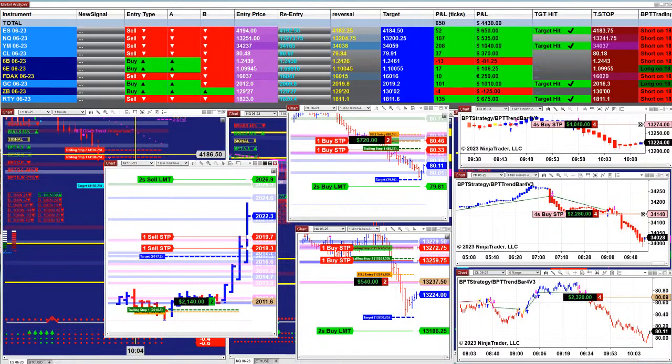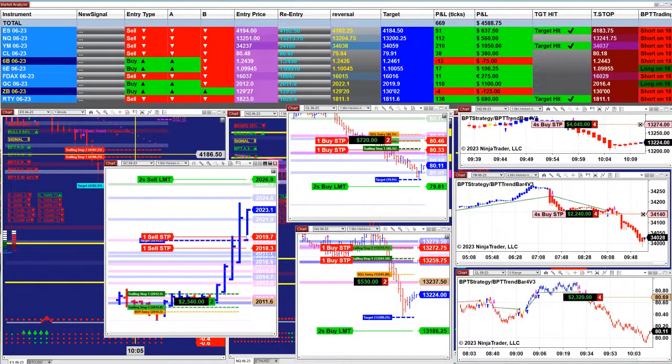So this is a really enjoyable auto trade for the guys who have been trading for a long time, because they can interfere with it and they can keep the auto trade running.